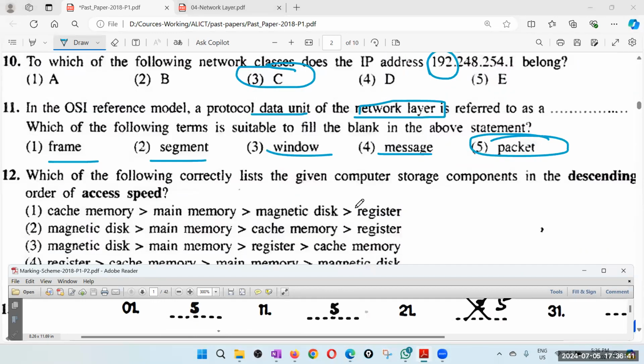Packet or IP packet or data packet or IP datagram, same thing. So that's the end of the networking questions. Usually networking questions are challenging because you can't memorize and do. Network questions you need to understand the subject. That is why we took a lot of time for doing network.